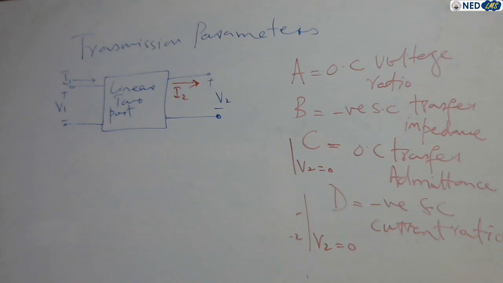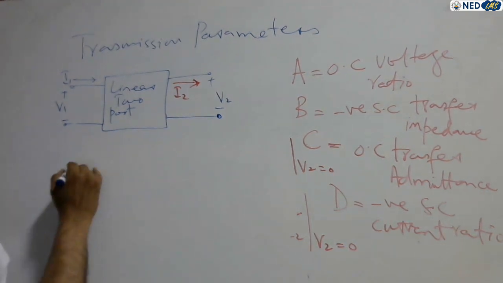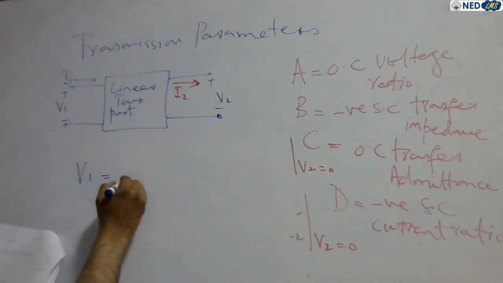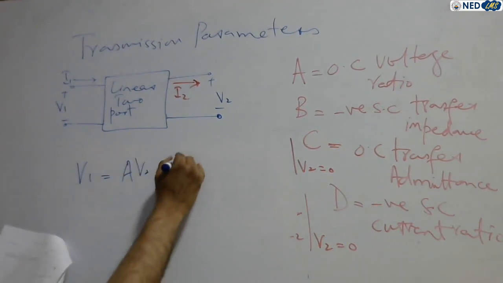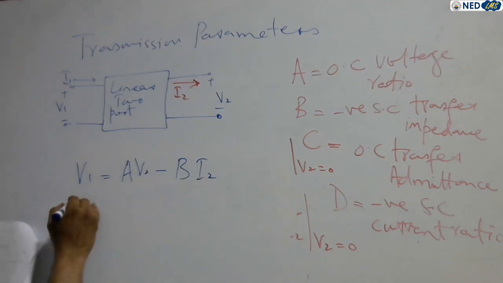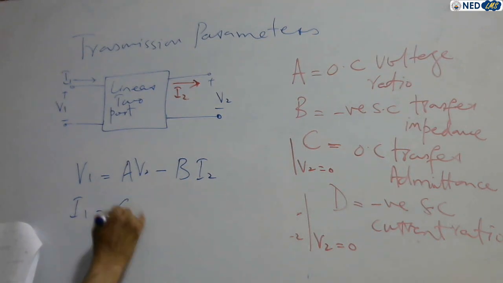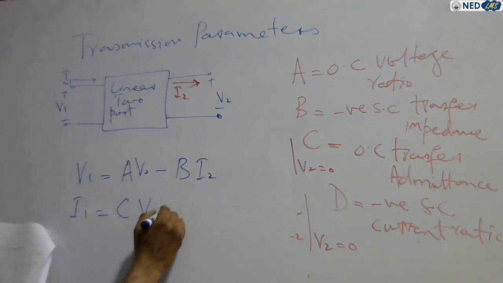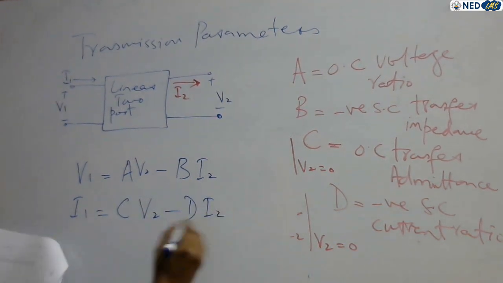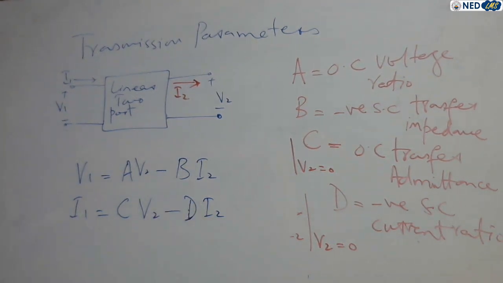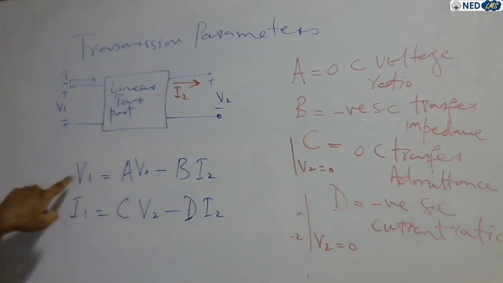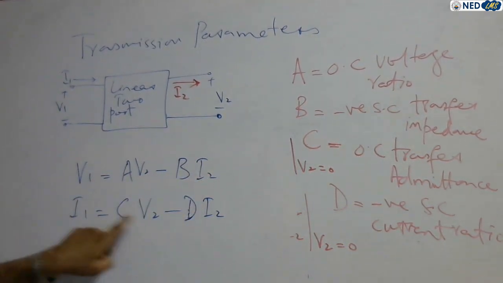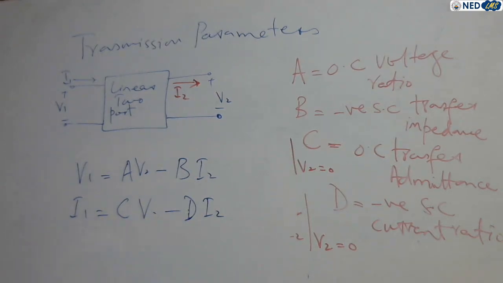So we may write our transmission parameters as V1 equals A V2 minus B I2, and I1 equals C V2 minus D I2. If you rearrange this, you can find each parameter. A is V1 over V2, B is V1 over minus I2, C is I1 over V2, and so on.